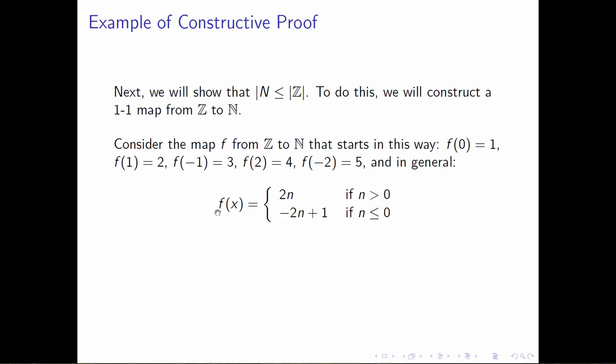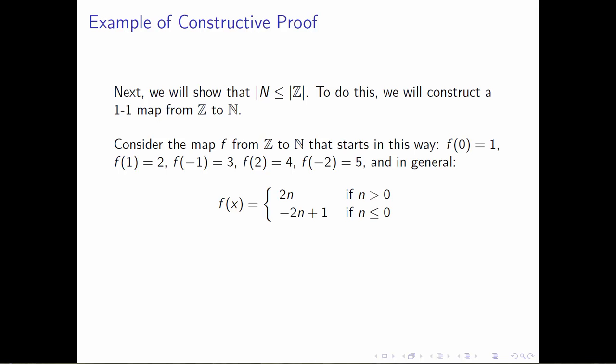And what do we do for the numbers that are less than or equal to 0? Well, because they're negative, we send them to -2 times whatever they are. So this -2 times n is actually a positive number, because remember n is not positive, it's basically negative in this case. And then we add 1 onto that in order to make sure that we have an odd number.